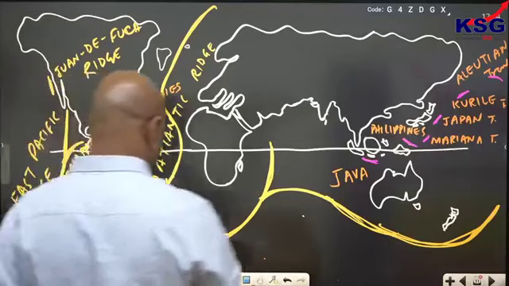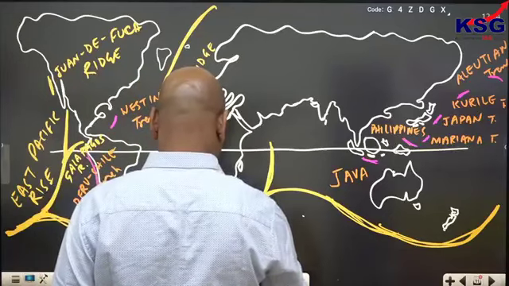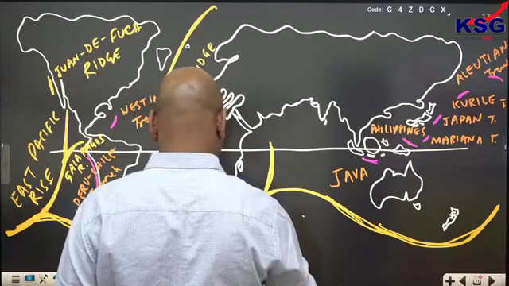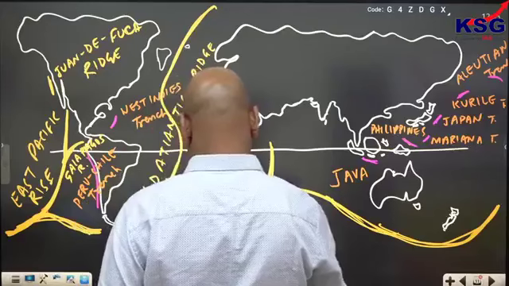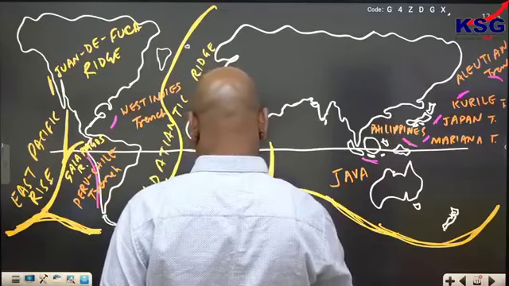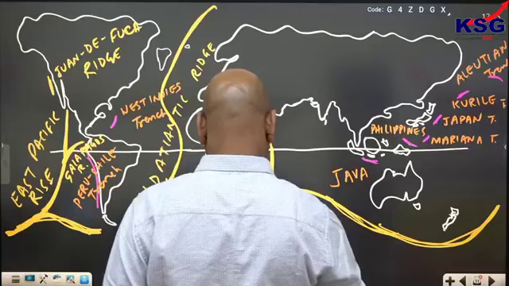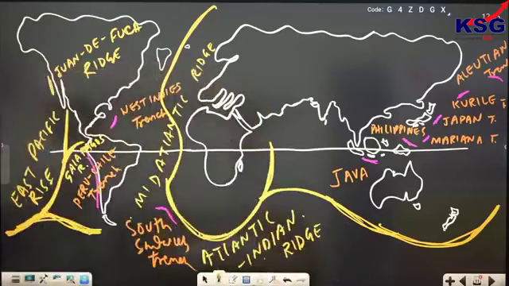This is known as the Atlantic Indian Ridge. Atlantic Indian Ridge.